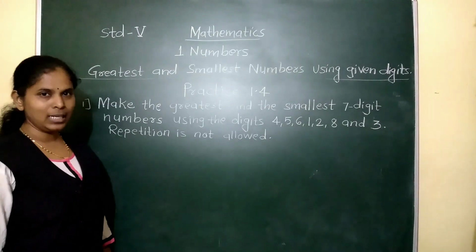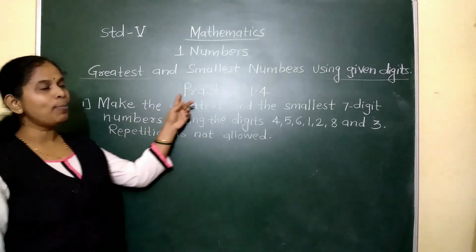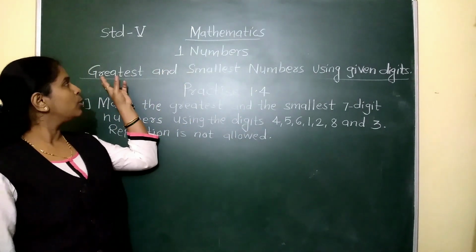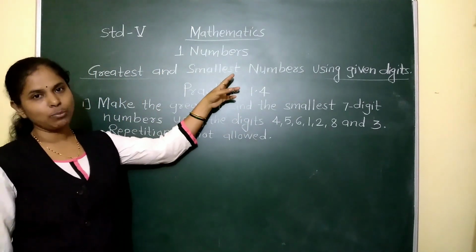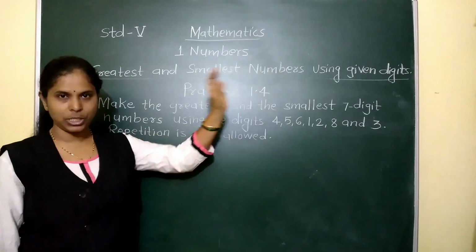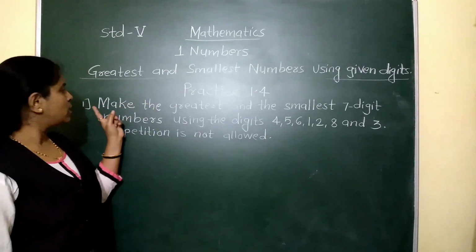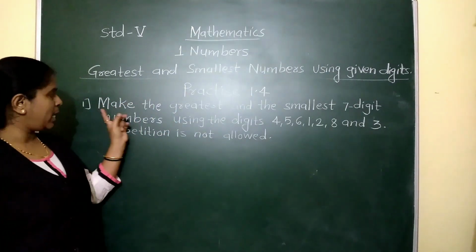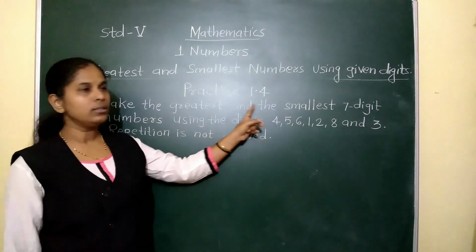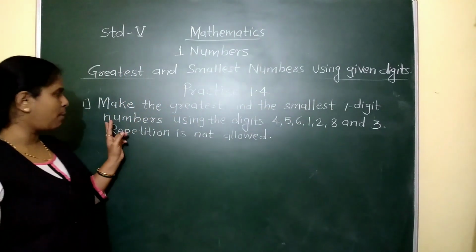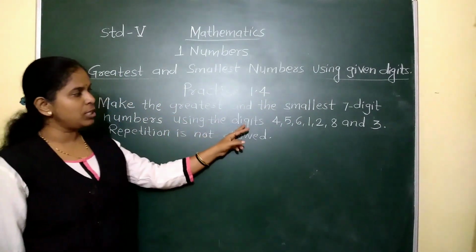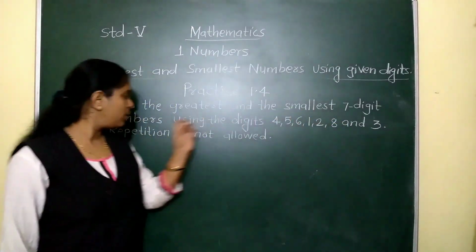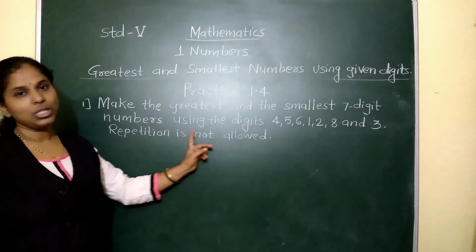Okay. See, now we will solve Practice 1.4, which is based on forming the greatest and smallest numbers using given digits. Now see, what is the first question in Practice 1.4? Make the greatest and the smallest 7-digit numbers using the digits 4, 5, 6, 1, 2, 8 and 3, and repetition is not allowed.